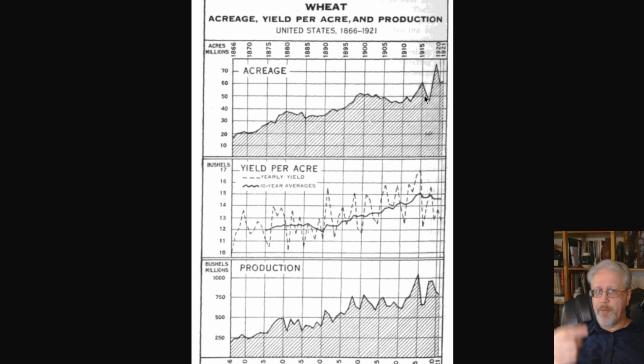So we've increased the productivity per acre by 25%, tripled the number of acres under cultivation, and increased the total farm workforce by about 50%. And if we look at production, in 1870 we make about 250 million bushels, and we're just north of 750 million here.